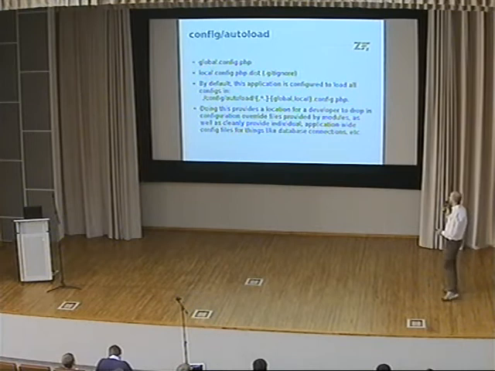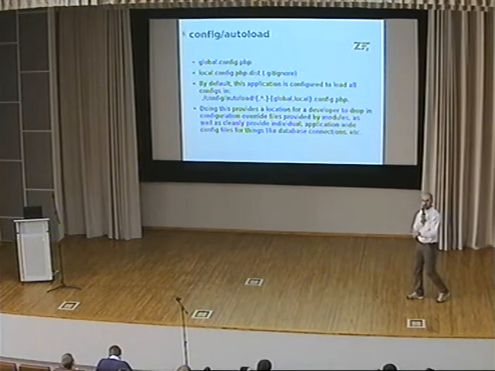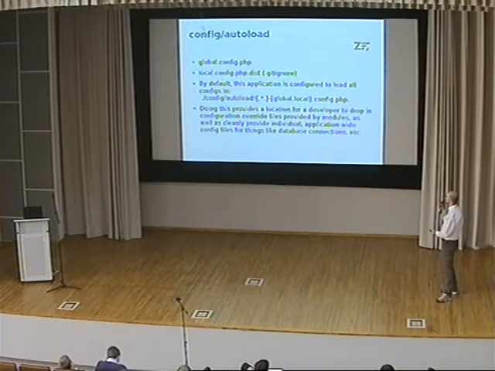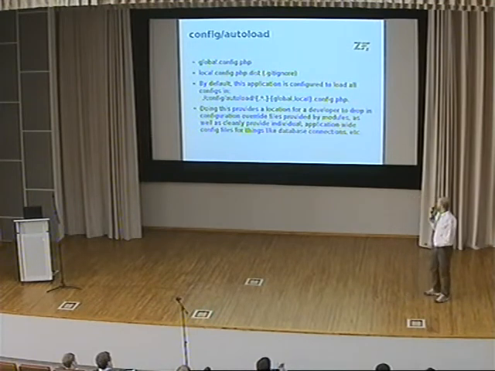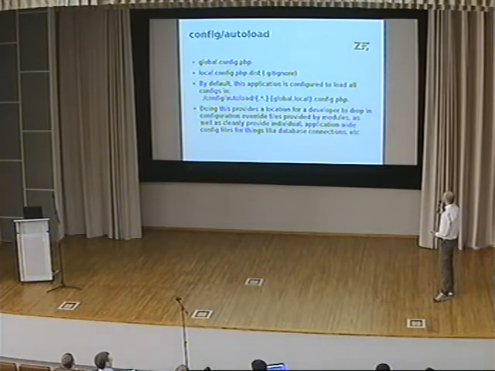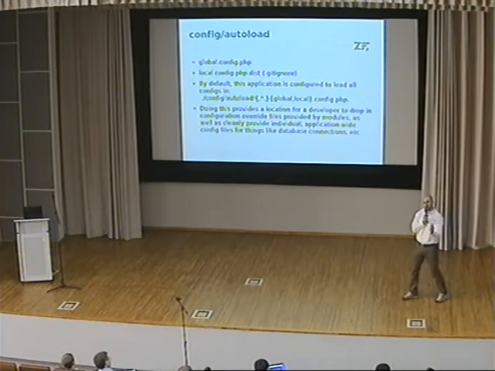And here we have a local.config.php with a .gitignore, which basically means that these files are not stored in the Git repository, because typically here you can specify the username, the password, or whatever. So it's specific to the running of your environment. And that's it. Basically, the idea is to provide a nice way to separate the global configuration from the specific configuration.